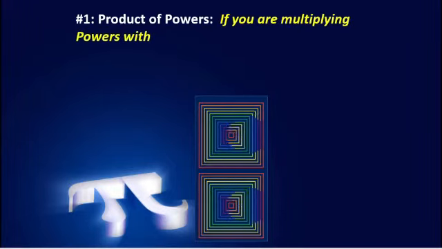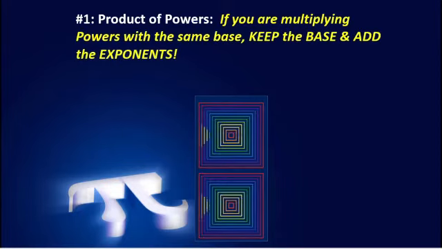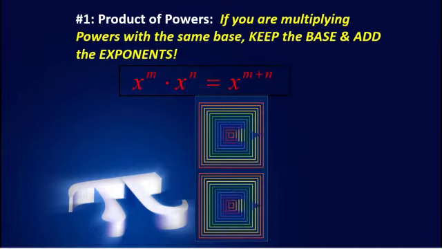So let's start. The first law is what we call the product of powers. It says that if you are multiplying powers with the same base, keep the base and add the exponents. By representation, we can represent it as x raised to the m power multiplied by x to the n power equals x raised to m plus n.